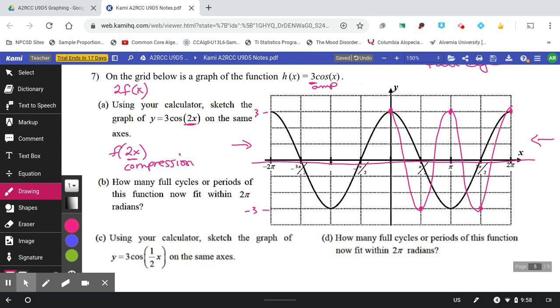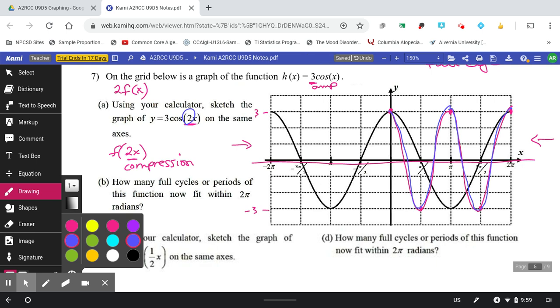So now what you should be able to see is that in 2 pi radians, you have 2 full cycles instead of just 1. Okay, so let's take a look at that. This is 1 cycle and then 2 cycles. That's where that 2 is coming from.